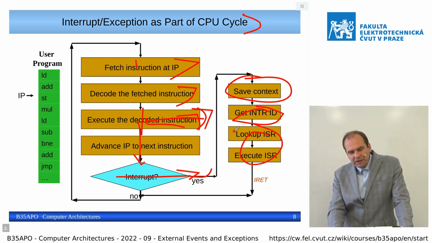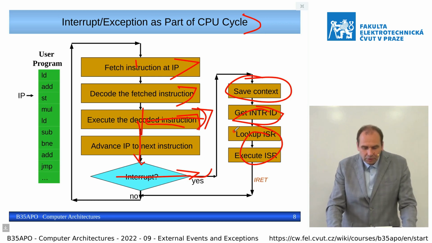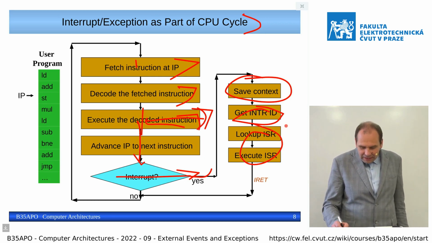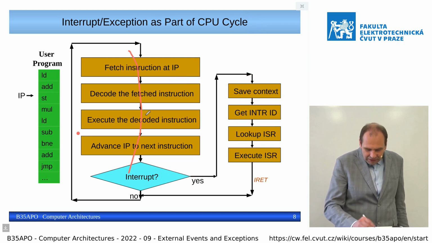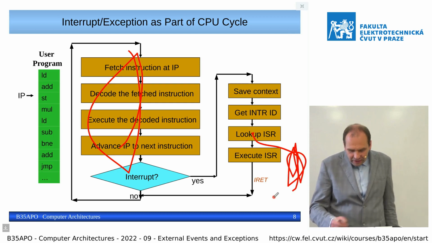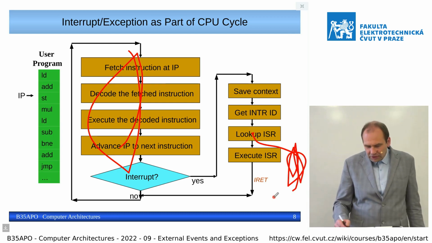So the interrupt service routine, for example, stores the character into the memory or informs the operating system that some block of data has arrived and so on. And in fact, this processing is done again by this cycle. So basically, in this interrupt processing, there is nothing else than that we read the memory, decode the instruction, process the instruction, and so on.